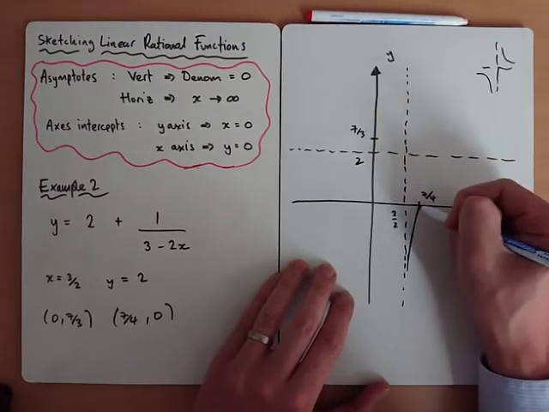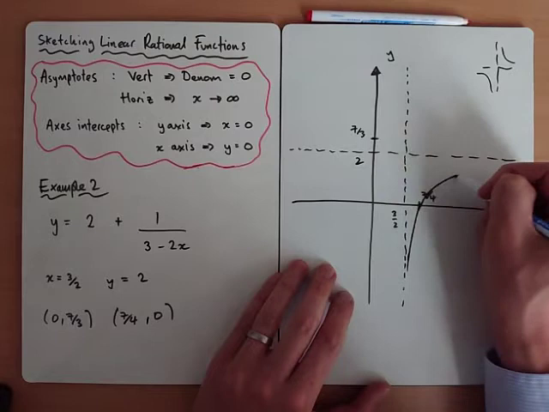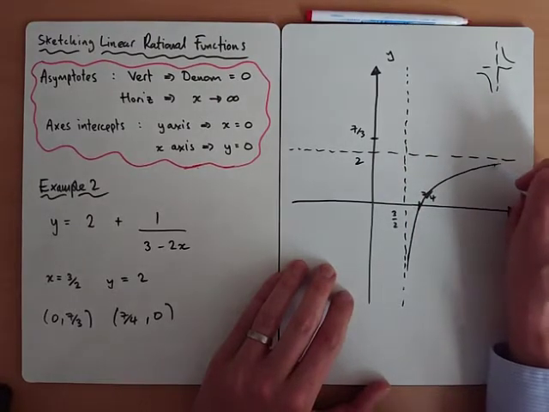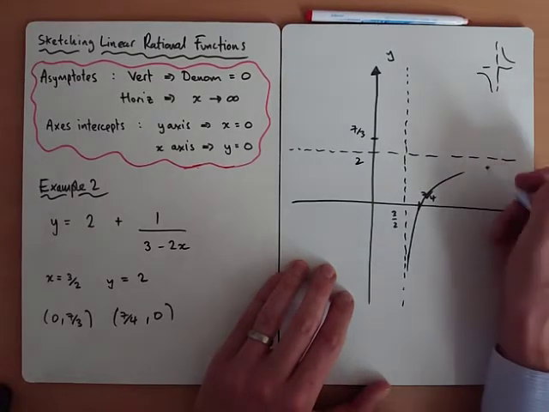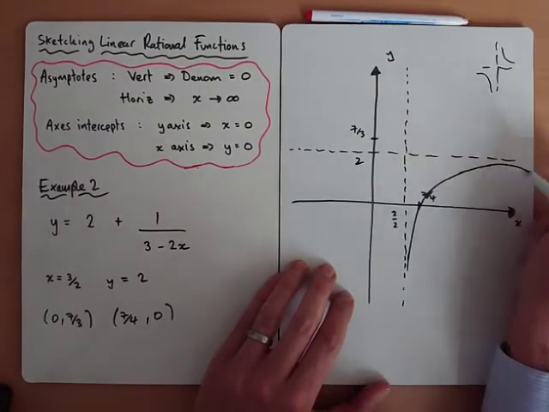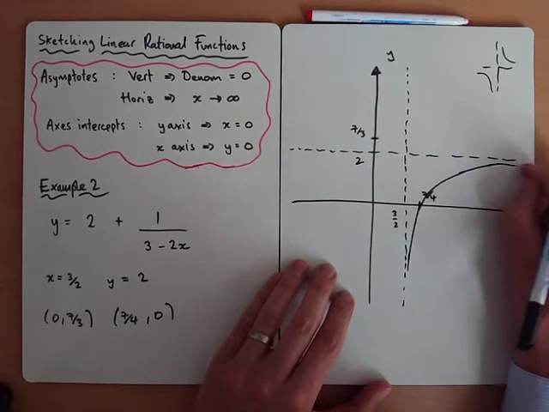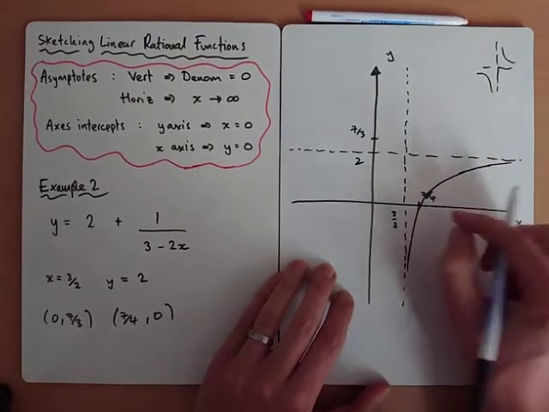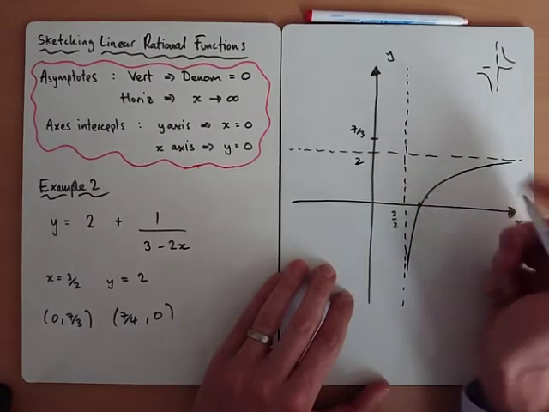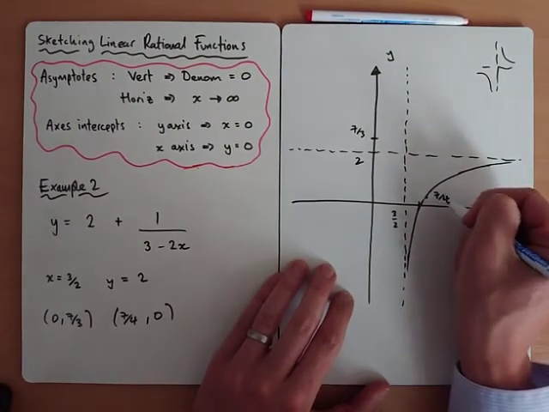Okay, if we go up this way, just going to approach this. Please don't. I've seen people do this. I don't know why, but sometimes people get there and then they curve back down again. You can't do that. You need to make sure that it gets closer to that line but never touches it. Okay. And we've got 7 over 4.